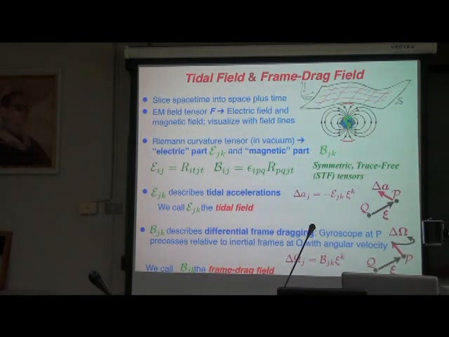So, a very simple physical explanation of these two pieces of the Riemann tensor. In all future textbooks on relativity, this will be a central part of them. But somehow this has not been a central part of textbooks until now.